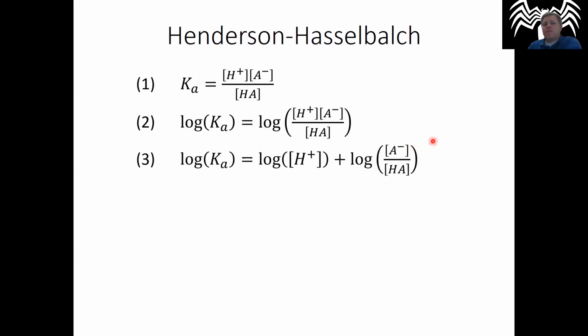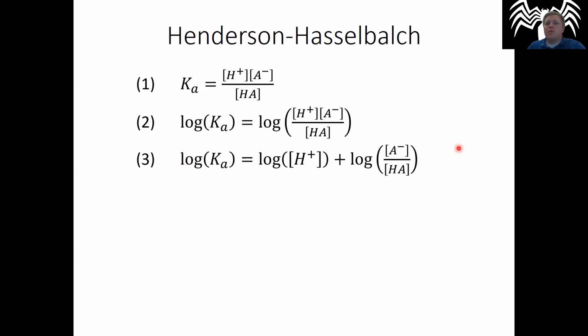There's a logarithmic identity that says if you have two things multiplied together inside your parentheses, you can pull those apart and then just add them together. So this would be log H+ plus log A- over HA. And if we wanted to pull this HA out, then we'd do minus the log of HA since we're dividing by it. But anyways, this is where we're at now.